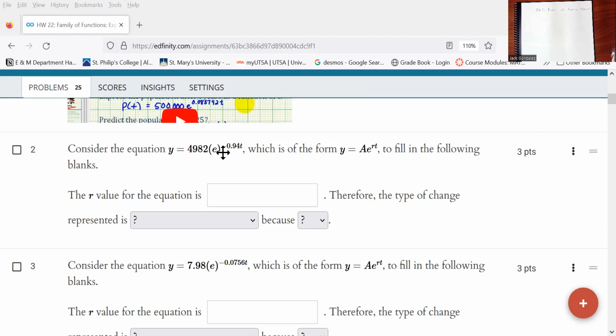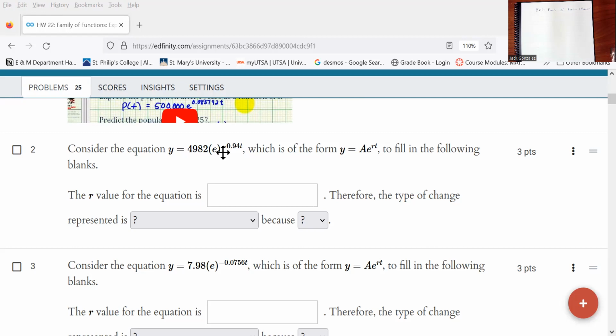Eventually they change into lead over billions of years. So you see this, it's decay. It doesn't have to be radioactive, it could be anything just dying out. We have this starting amount, 4982, and over time it'll fade out.